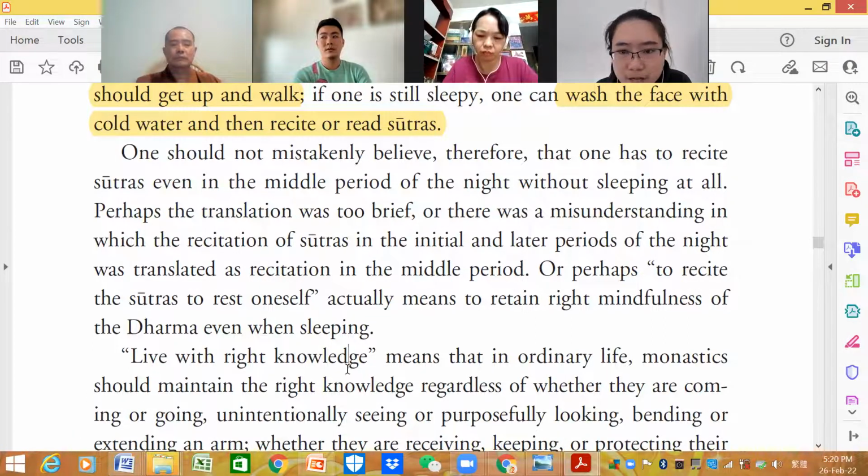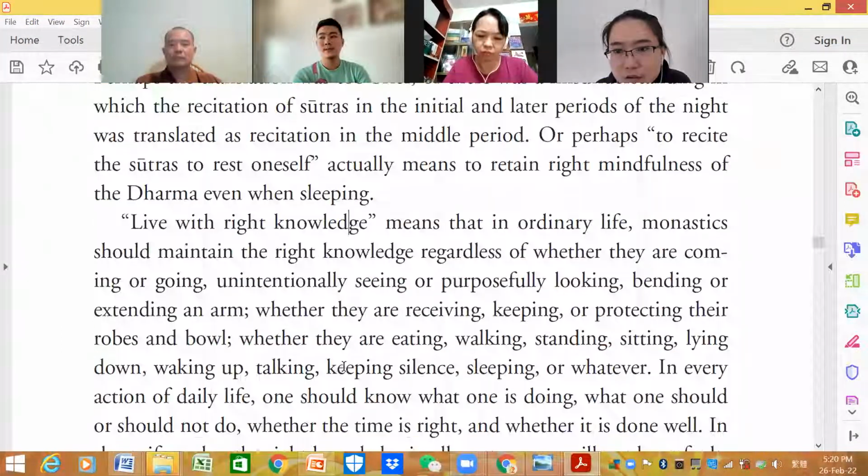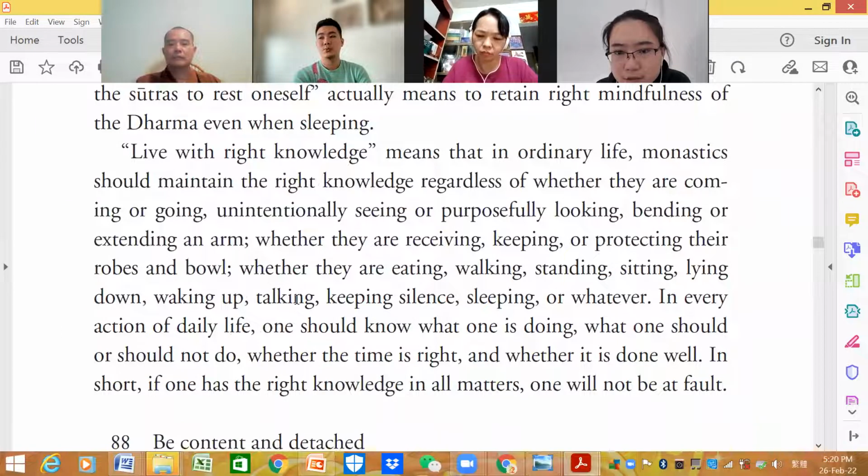Live with right knowledge means that in ordinary life, monastics should maintain right knowledge regardless of whether they are coming or going, unintentionally seeing or purposefully looking, bending or extending an arm, receiving, keeping, or protecting their robes and bowl, eating, walking, standing, sitting, lying down, waking up, talking, keeping silent, sleeping, or whatever.